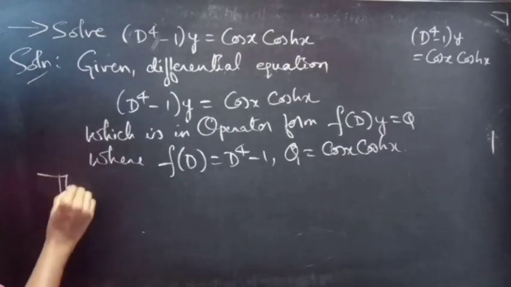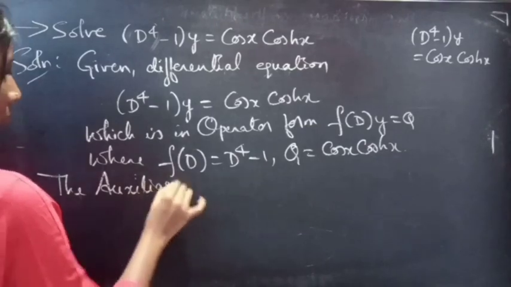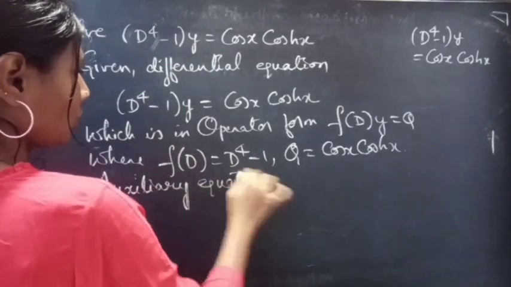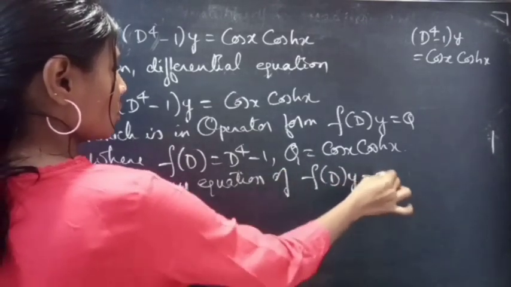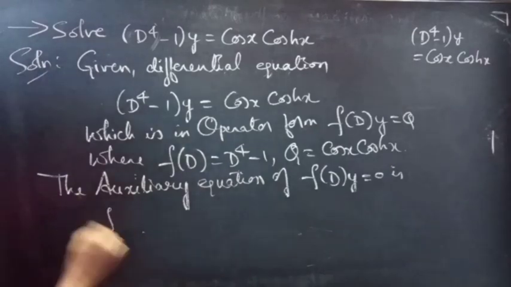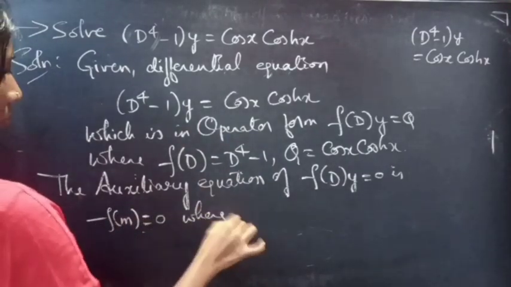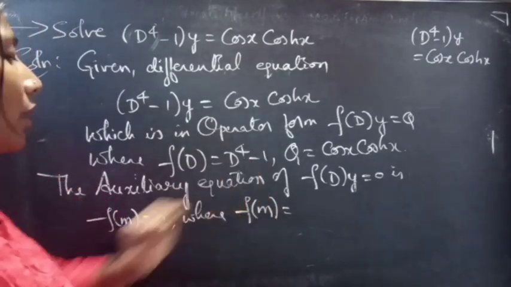The auxiliary equation of F(D)y = 0 is F(m) = 0, where F(m) equals, we have F(D) = D^4 - 1, right?